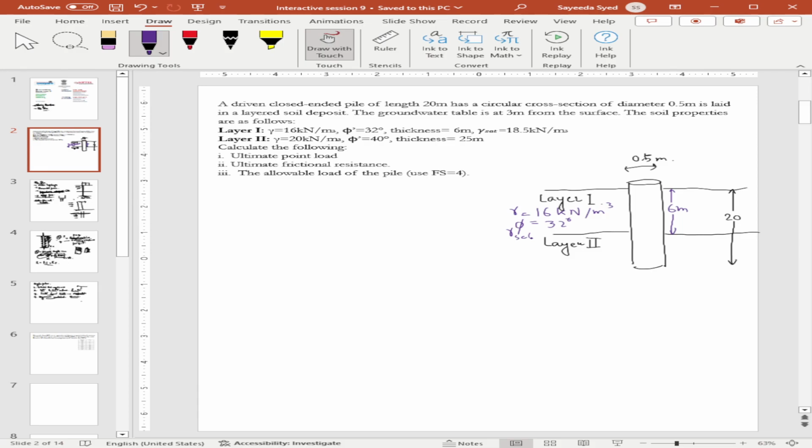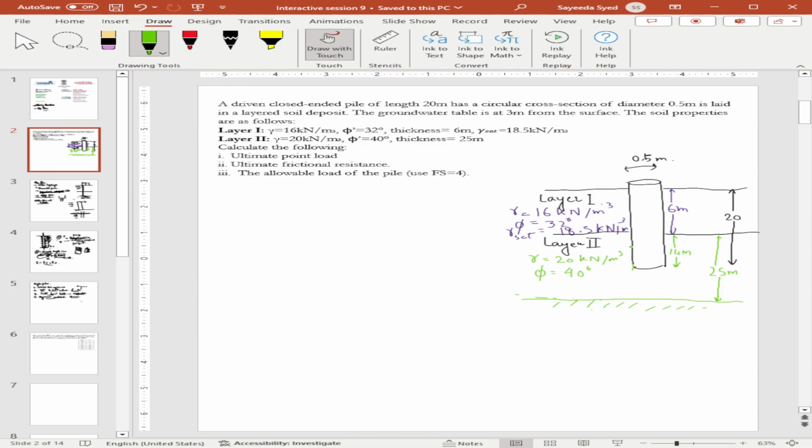thickness of the layer actually doesn't matter that much. We just need to know this will be 20 minus 6, which will be 14 meters. Otherwise, the whole thickness is 25 meters. But we only need to focus on the embedded depth.